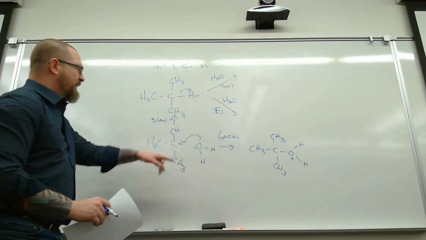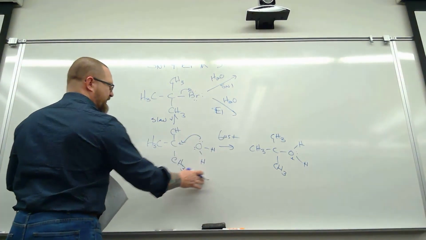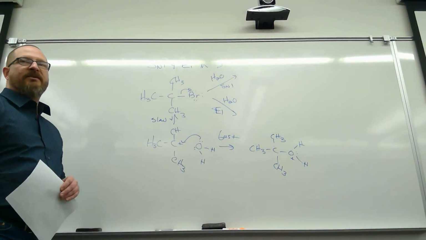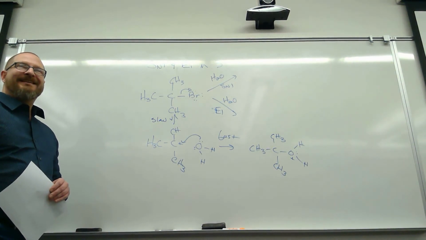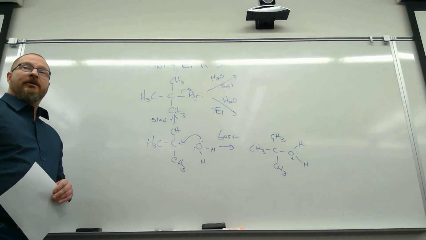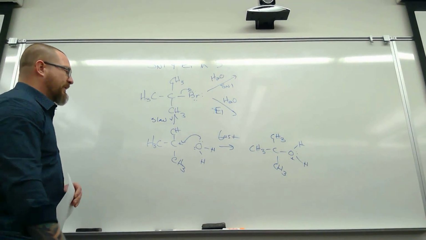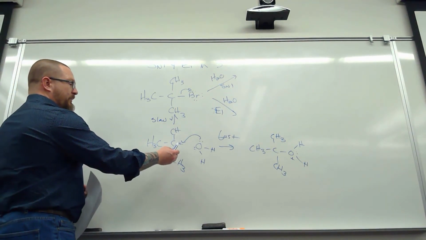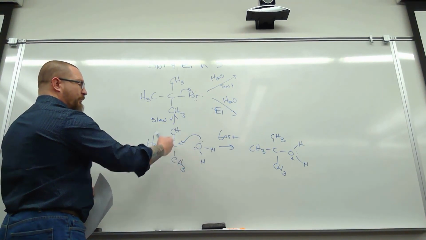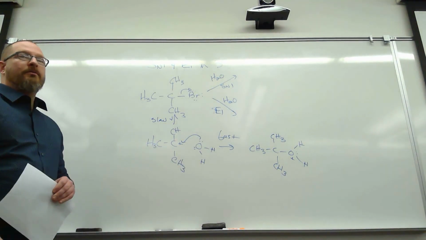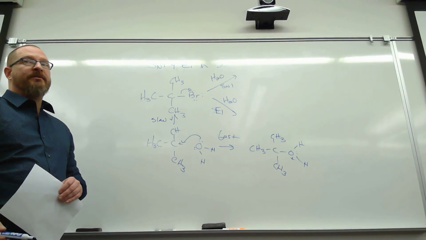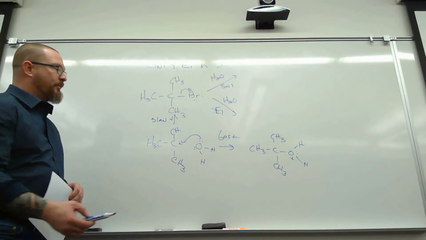So remember, when two things come together like this, the net charge for the system has to stay the same. This is something that people frequently missed in the last series of mechanism questions. Because this has a positive charge and this is neutral, when they come together, it still has to be net positive. So where's the positive charge go?